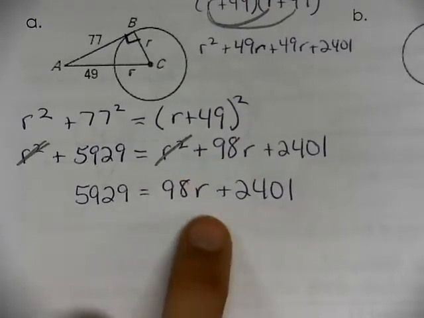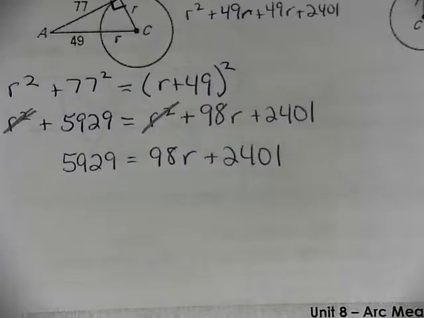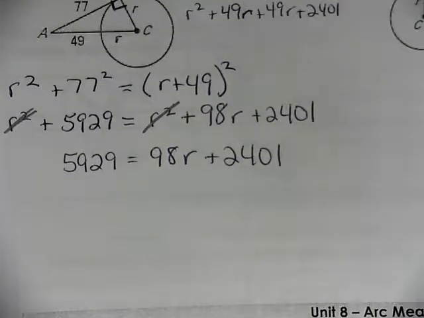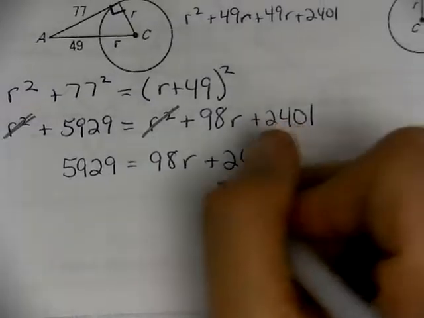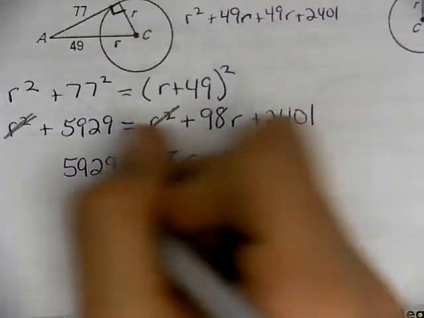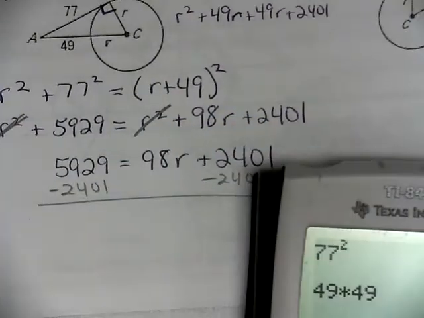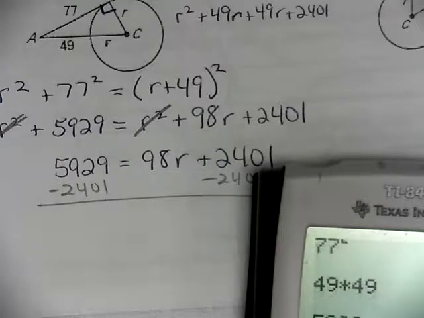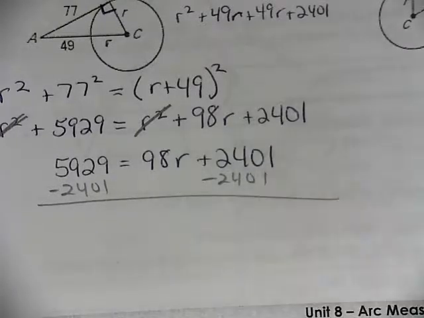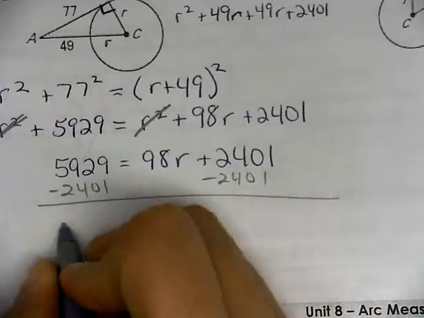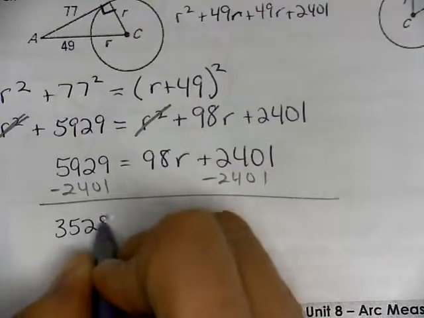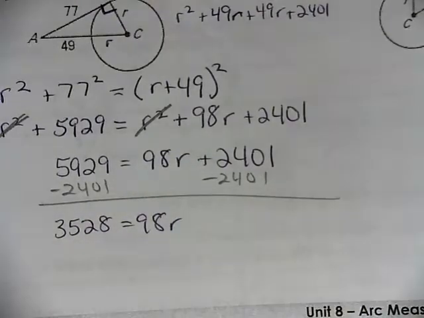So what should I do to solve for R next? Subtract. 3,528 equals 98R.